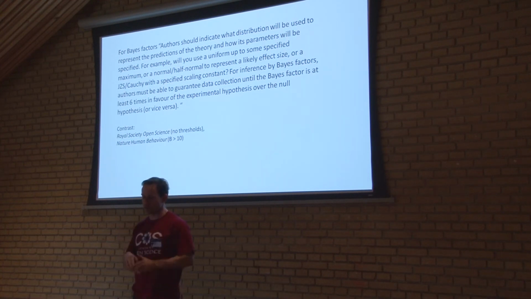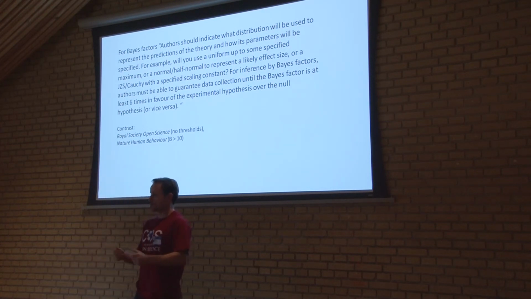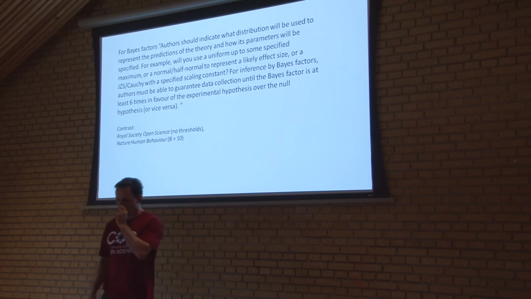So you can't just say, I'm going to use JASP and use the default Bayes factors, because there's no reason why a default model would apply to your theory. There are no default theories, right? So you have to specify your model of H1 and why you're using the scale factor that you're using.